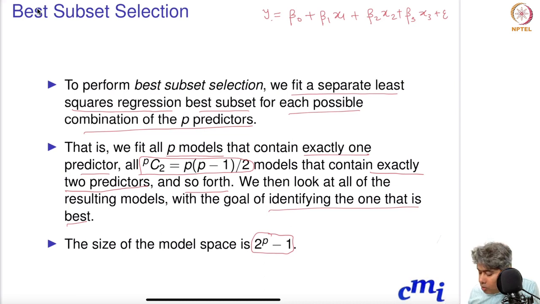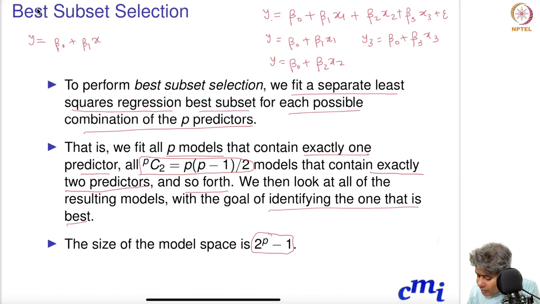We can fit this way, or we can fit beta naught plus beta 1 x1. I can fit y equals beta naught plus beta 2 x2. I can fit y equals beta naught plus beta 3 x3. Then I can fit y equals beta naught plus beta 1 x1 plus beta 2 x2 plus epsilon. Then beta naught plus beta 1 x1 plus beta 3 x3 plus epsilon.